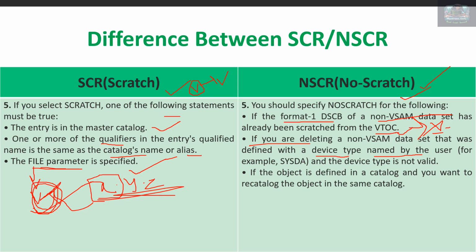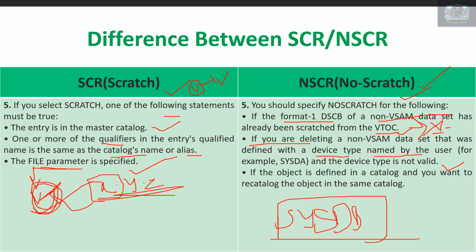Suppose I created a dataset and gave SYSDA or SYSDB as the unit of my dataset. Now when someone tries to access it and that device type is not valid, you cannot open this dataset. So you have to do a no scratch, so that the connection is deleted, the catalog entry is deleted, and the dataset becomes an orphan.